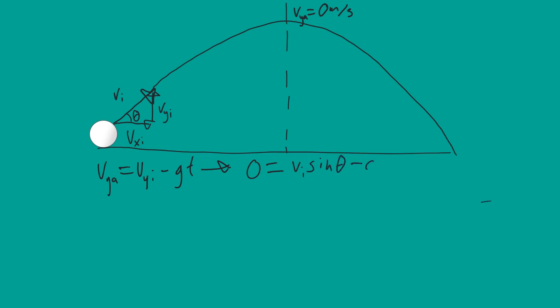And then that's going to be minus g times the time to that apex. So solving for time, we subtract Vi sine of theta onto the other side and then divide by negative g. So our two negatives cancel out and we get time to the apex equals Vi sine of theta divided by that acceleration of gravity.